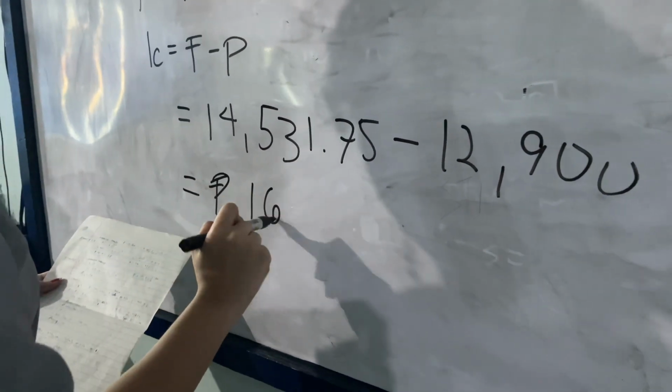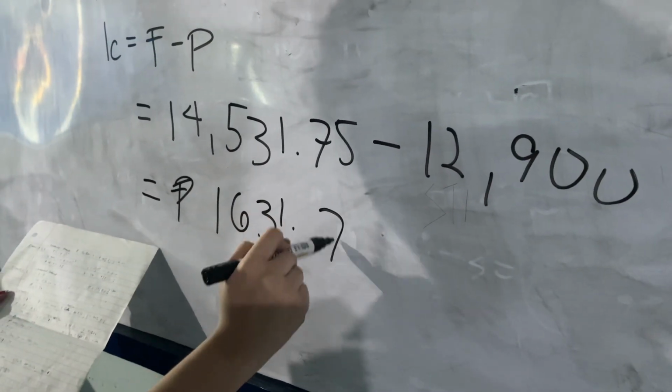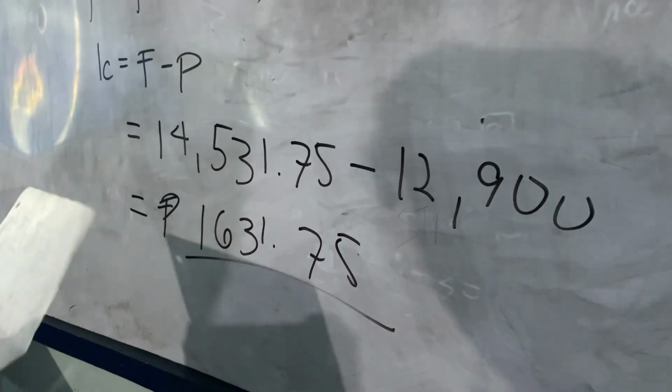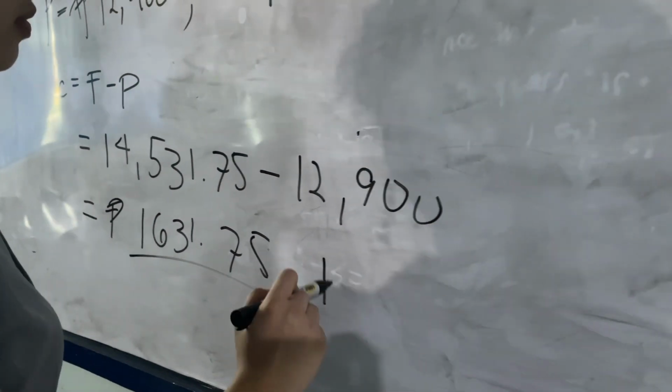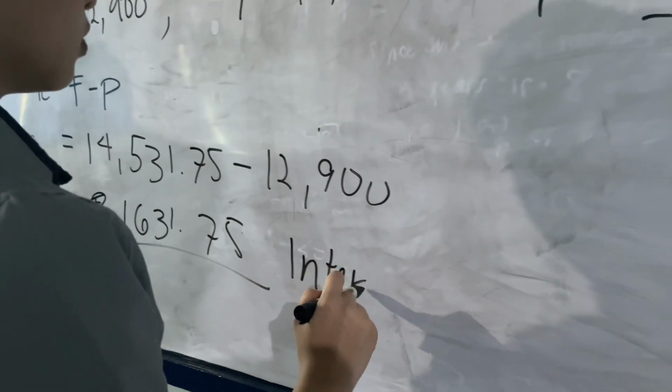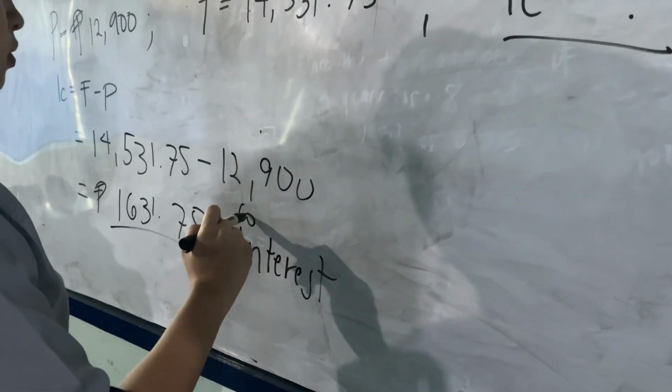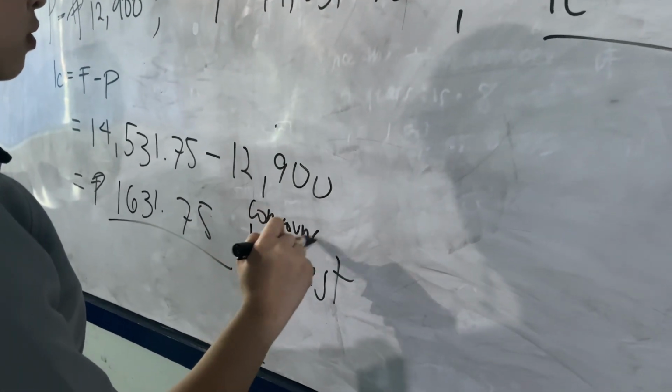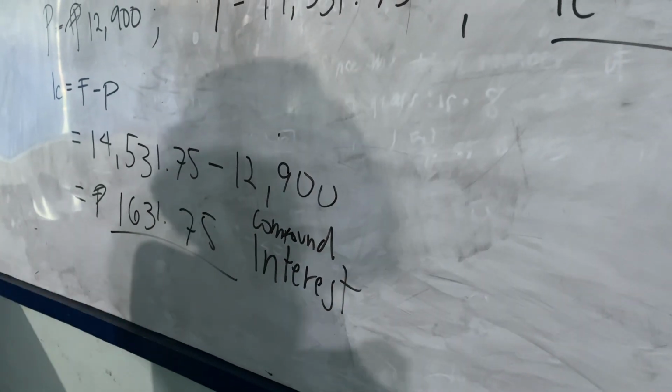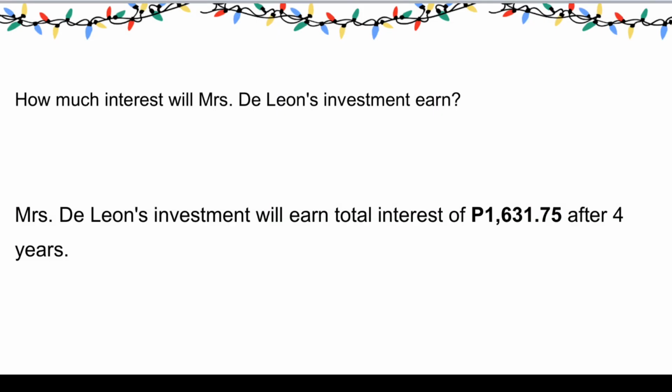If we subtract these two values, the result will be 1,631 pesos and 75 centavos. In conclusion, Mrs. De Leon's investment will earn total interest of 1,631 pesos and 75 centavos after 4 years.